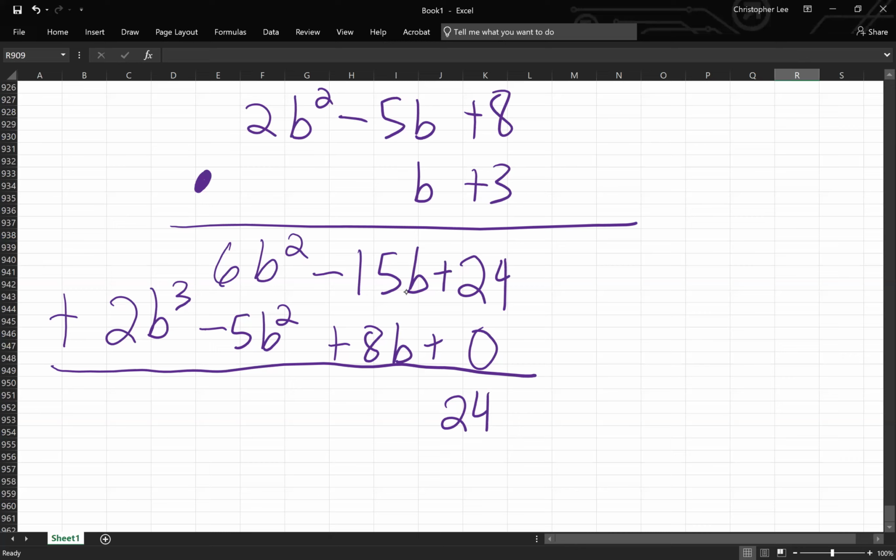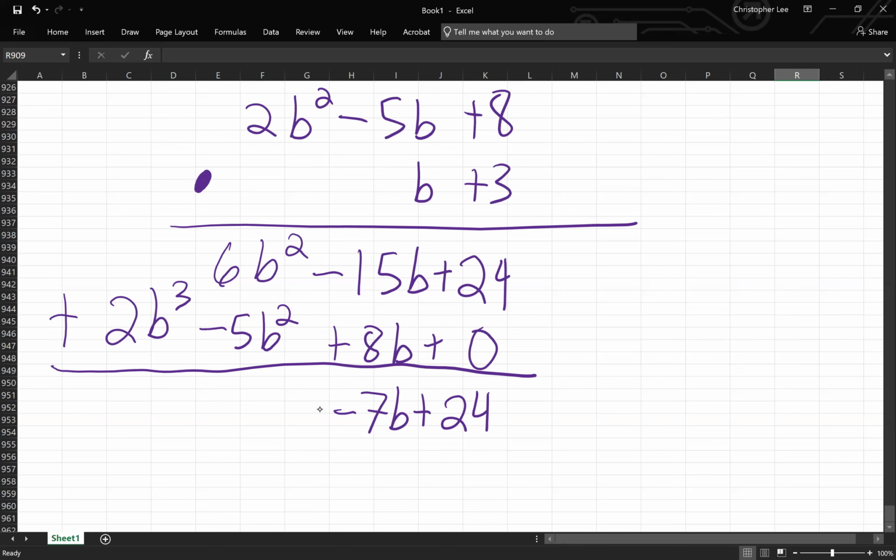Negative 15b plus 8b is what? So negative 15 plus 8, what's that? Negative 7b.